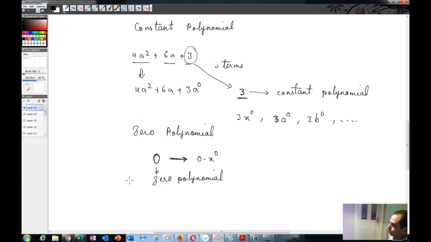Okay, so far we have talked about almost everything that we have here about polynomials. There is one little thing about notation.